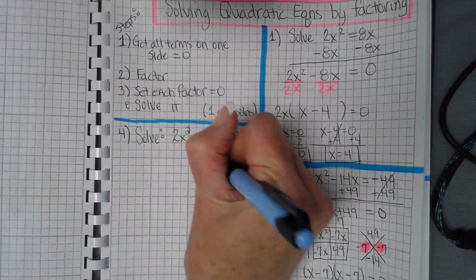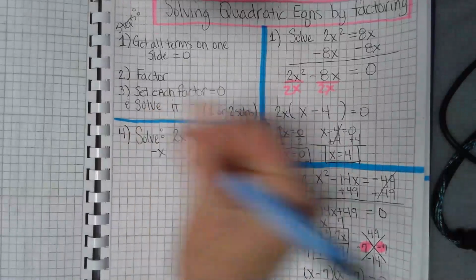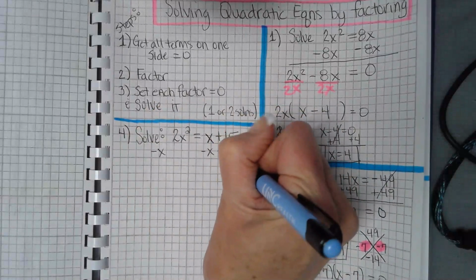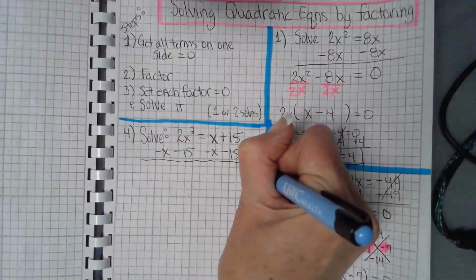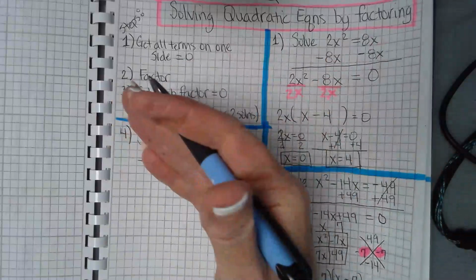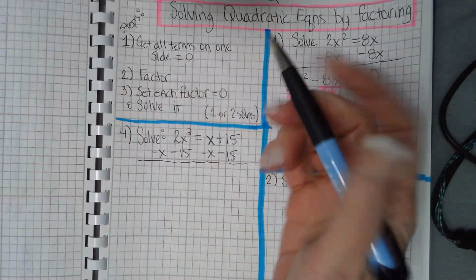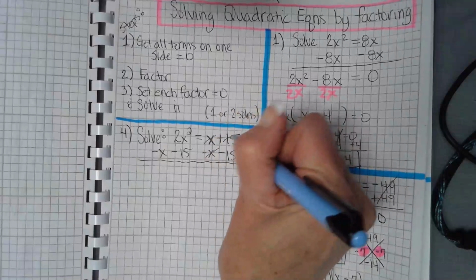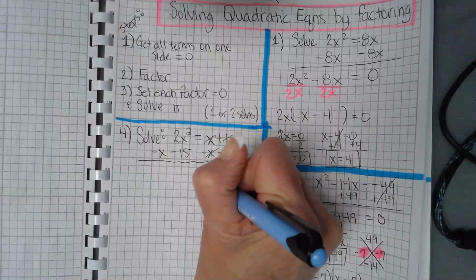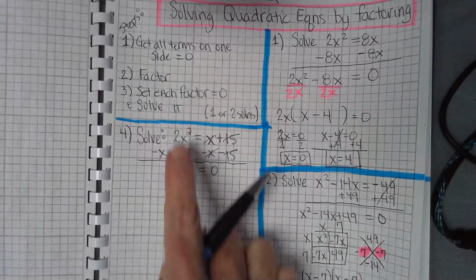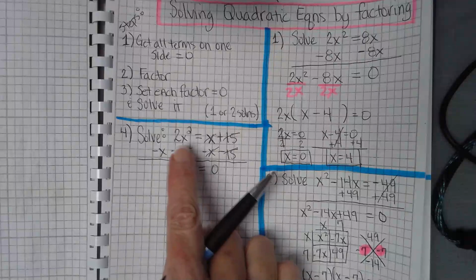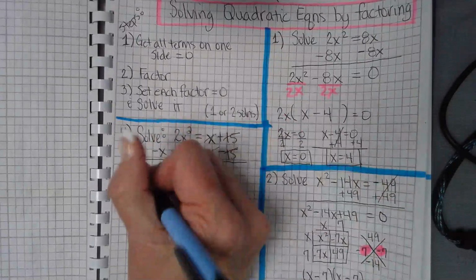So check it out. I'm going to subtract x. I'm going to subtract 15. Do you see? And some of y'all are going to skip that altogether. You already know what's going to happen, and you're just going to write it. Okay, but notice now everything's gone, and now I have 0. And now we got to piece this thing together. So we want to put the squared term first.